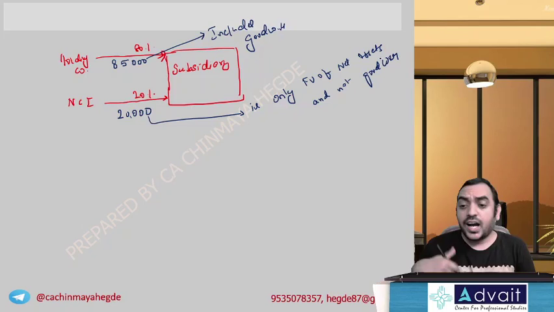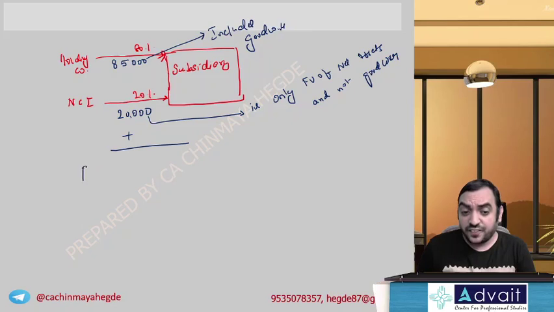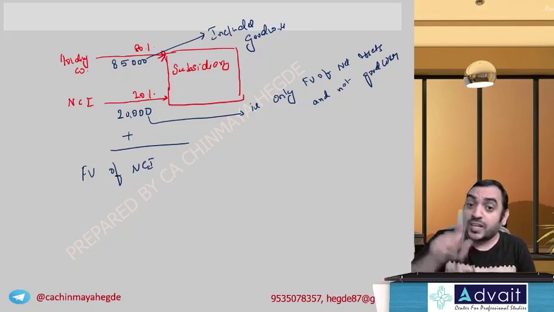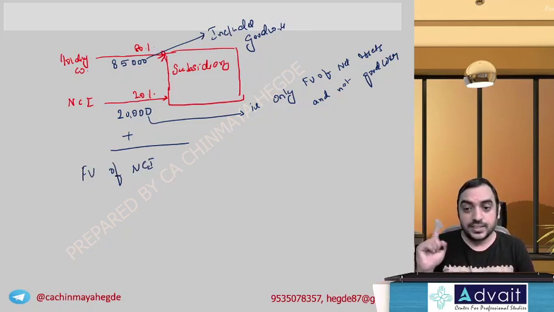So another alternative which we are going to discuss is that here also you add their share of goodwill. So what you get is the fair value of NCI. If NCI is also valued at market value terms, this will include goodwill.